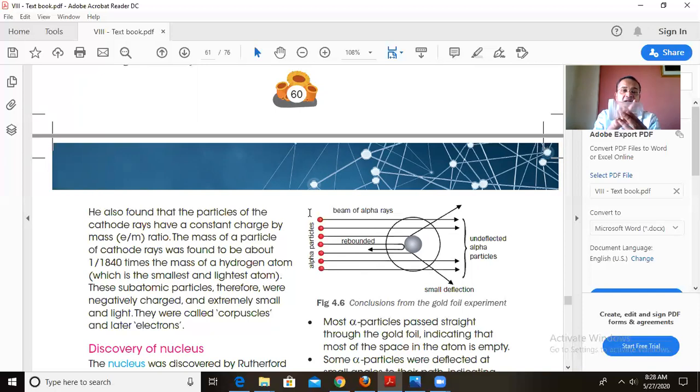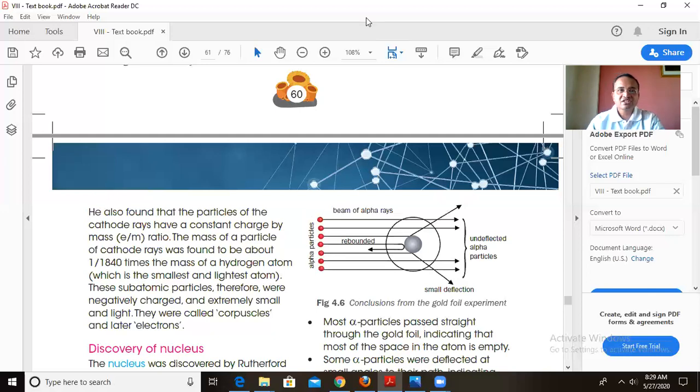Cathode rays traveling from cathode to anode. J.J. Thomson inserted a negative and a positive plate, and the cathode rays were deflected, attracted towards the positive plate, indicating that these cathode rays are a beam of negatively charged particles, which were called corpuscles, and later on called electrons.